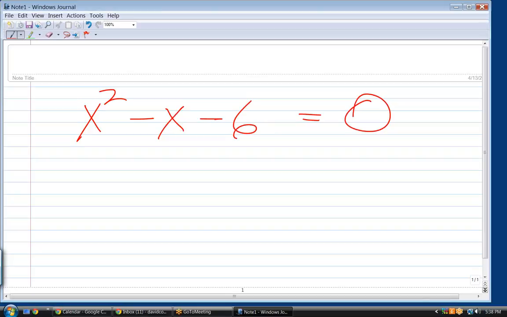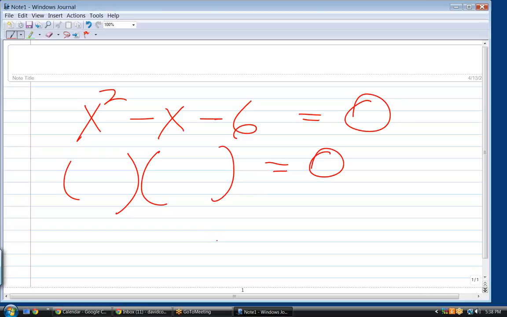This is x squared minus x minus 6. In other words, that's a standard quadratic. Okay. If we can factor this so that we have two things multiplied together equaling 0, then we can solve it. Okay?